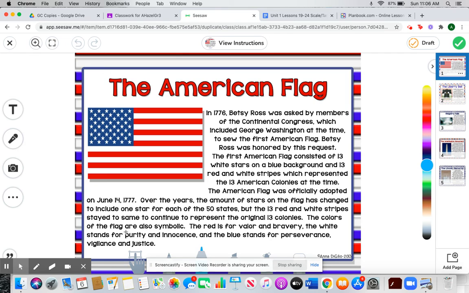The colors of the flag are also symbolic. The red is for valor and bravery, the white stands for purity and innocence, and the blue stands for perseverance, vigilance, and justice.